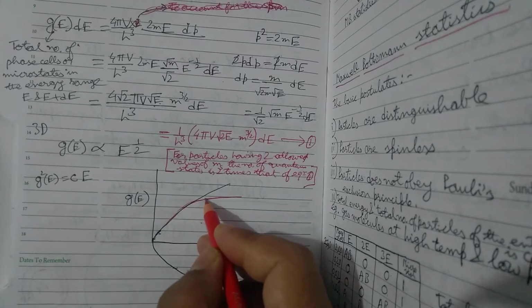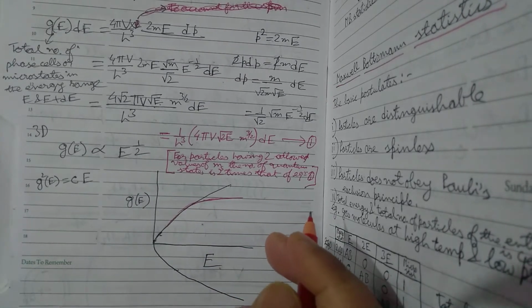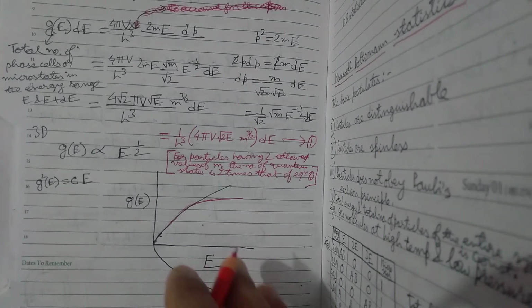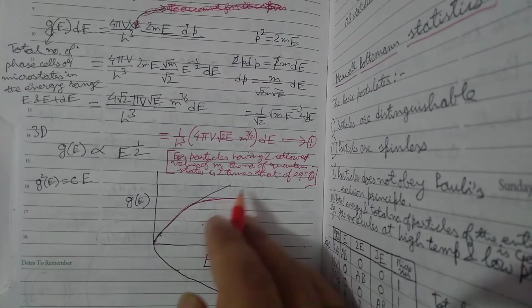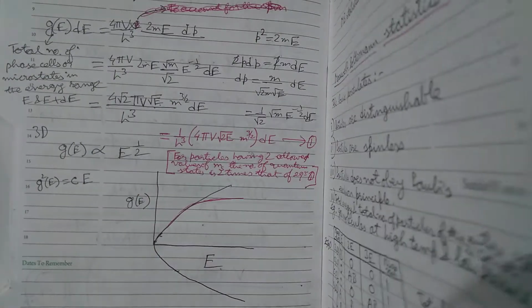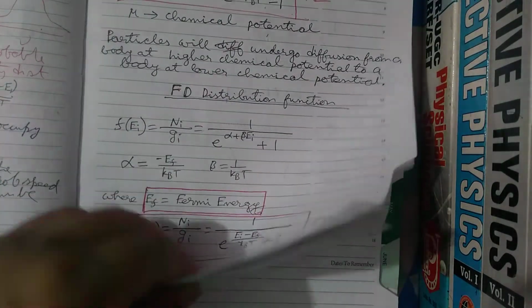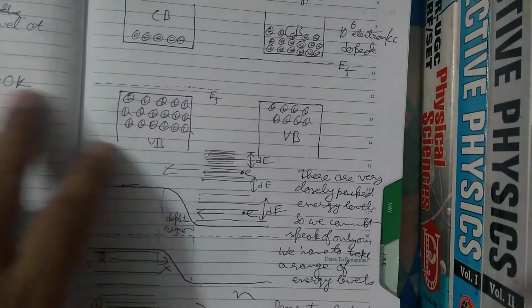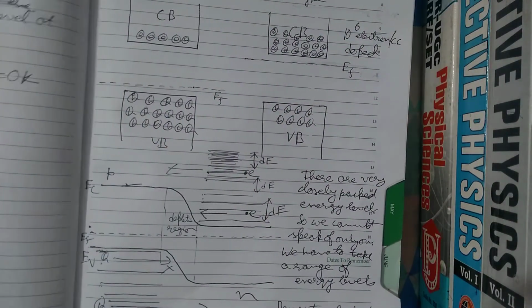Like this kind of thing. Okay. Okay, so you see here G is like this. So G of E, how does G look like? G looks like this.